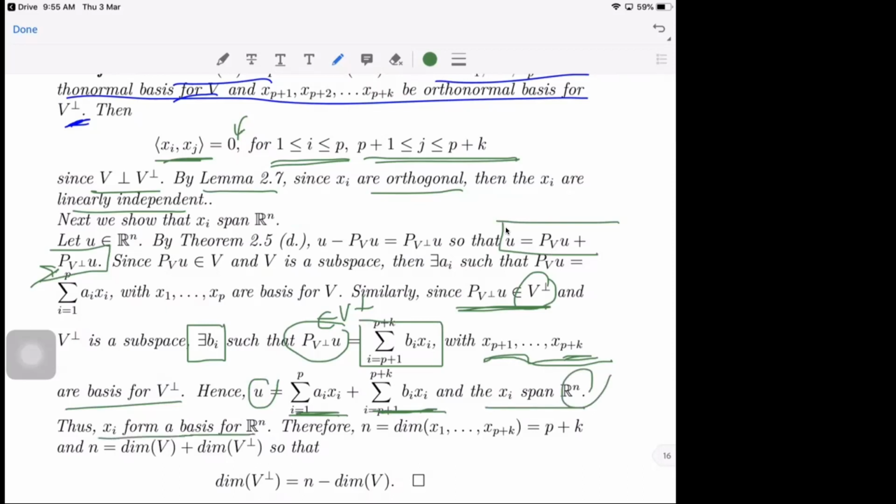And so combining the xi's from 1 to p and xi from p plus 1 until p plus k, the xi form a basis for Rn.